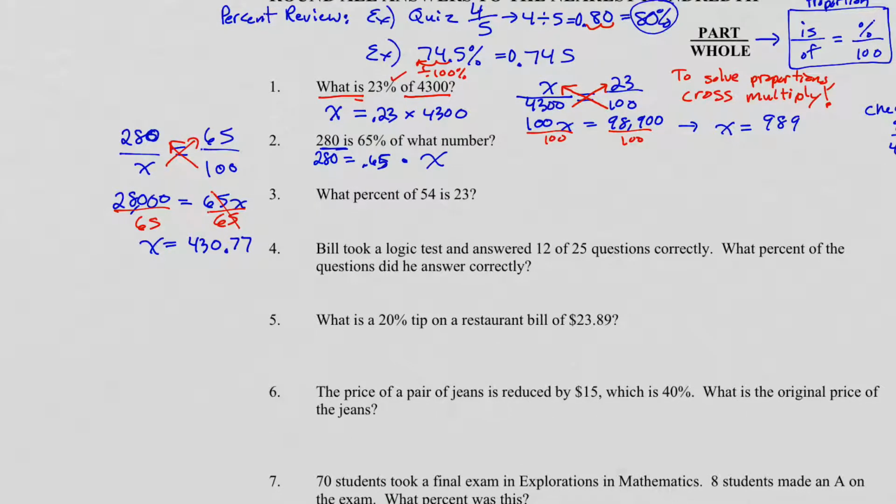Okay, so number 3 says what percent, so there's your x right there. So of goes on the bottom, is goes on top.